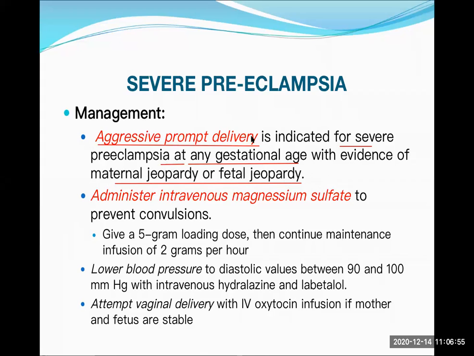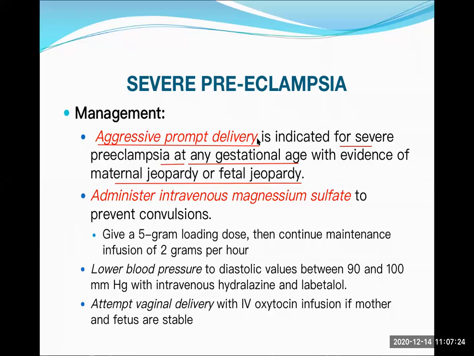Now, delivery can be done either by vaginal route or by cesarean section. By vaginal route, you need to induce labor, isn't it? The induction of labor topic was already done. So, what are those agents to induce labor? Can you answer me? How do we induce labor? Exactly.